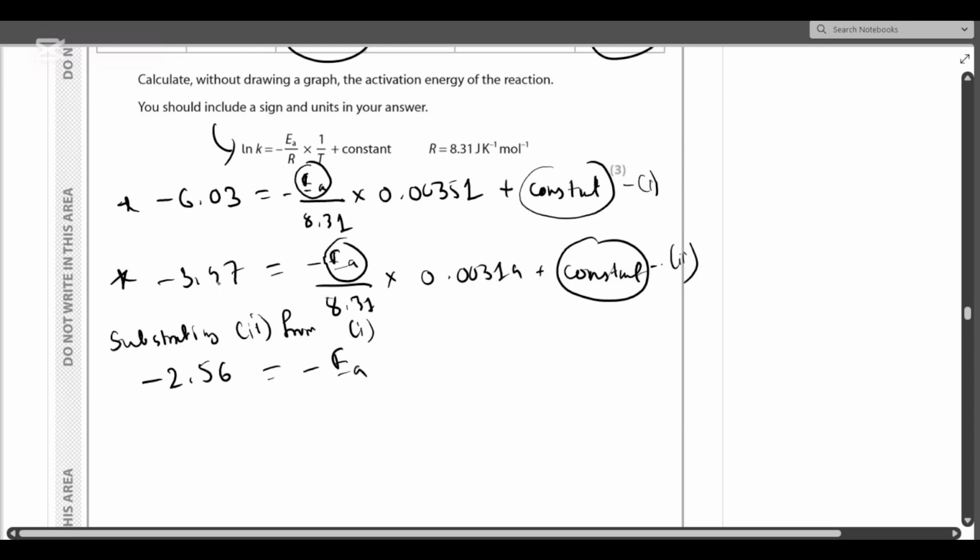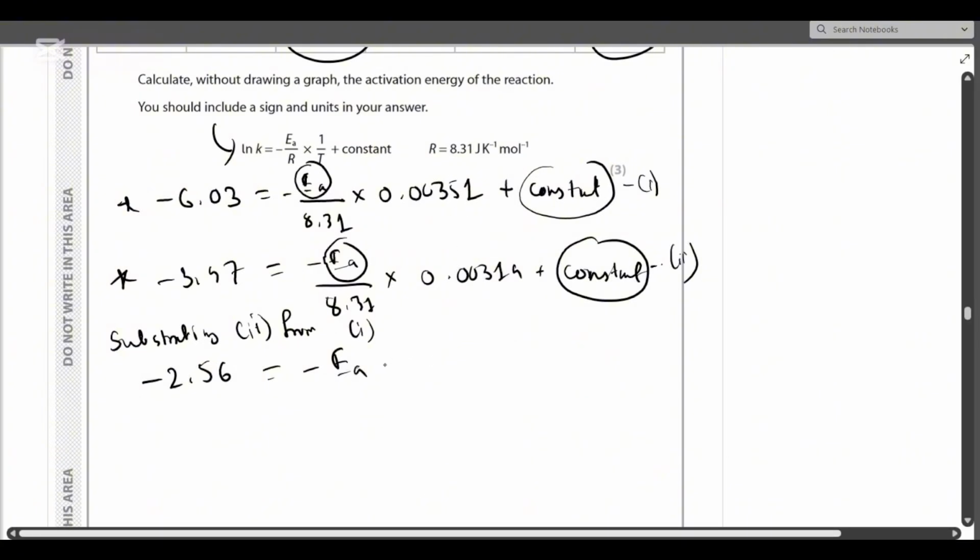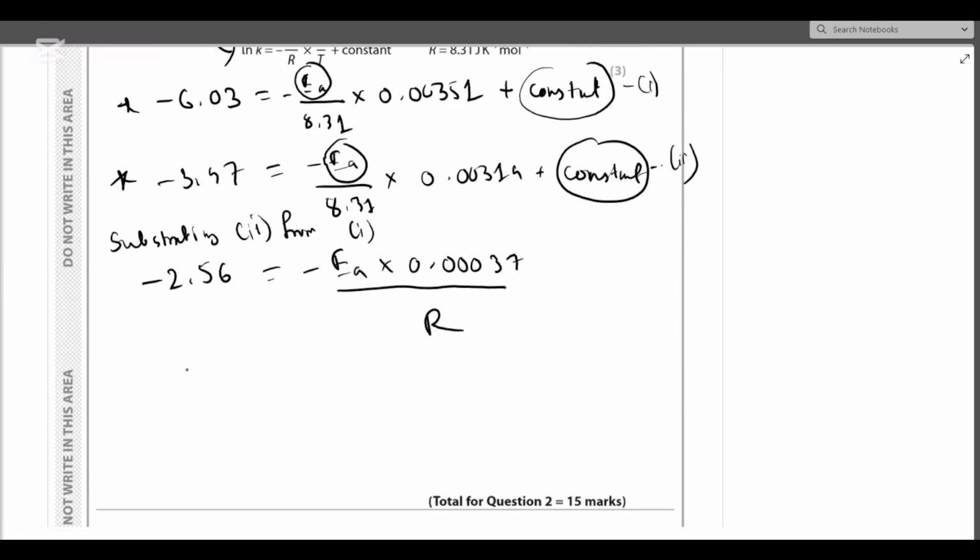If I subtract the left side, I get negative 2.56, and if I subtract the right side, I get 0.00037 divided by R. Since both constants are the same in both cases, we can omit them. Now we have this equation, and we can make Ea the subject by cancelling the signs on both sides. So we get 2.56 R divided by 0.00037.